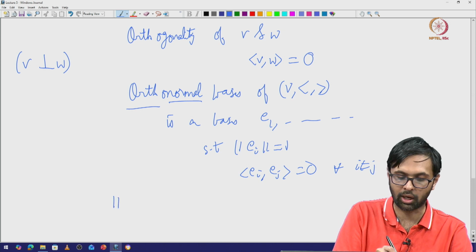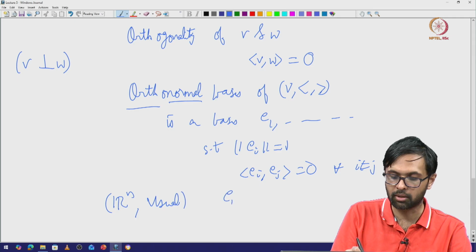So, for example, on Rn with the usual inner product, the standard basis vectors form an orthonormal basis.